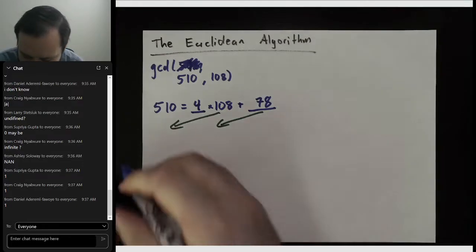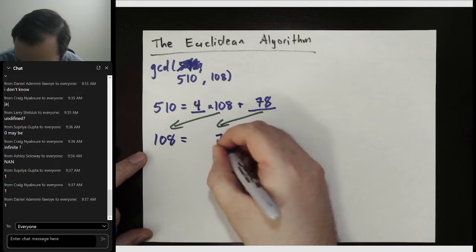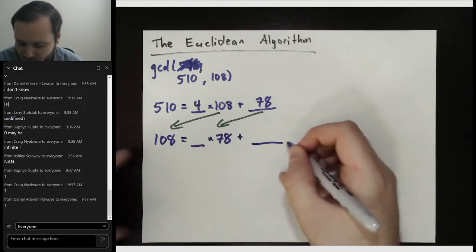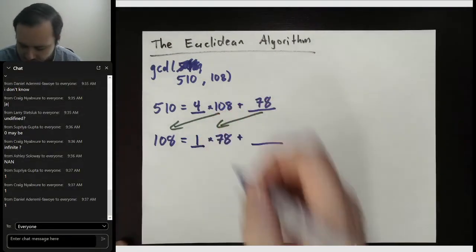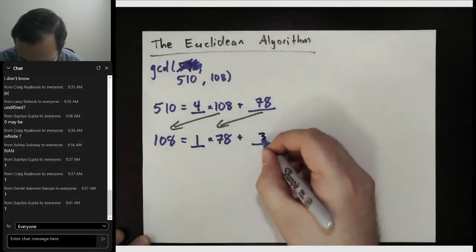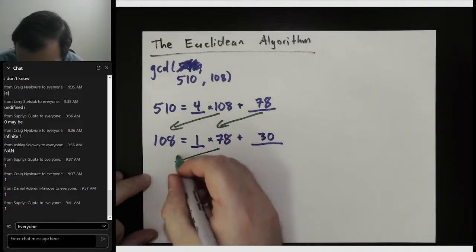So now I'm going to write 108 as a multiple of 78 with a remainder. Well, I can only fit 1 copy of 78 in there with a remainder of 30. And now everything shifts over again.